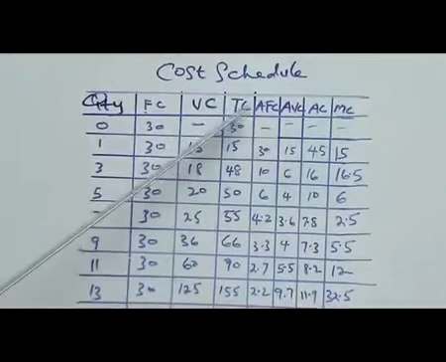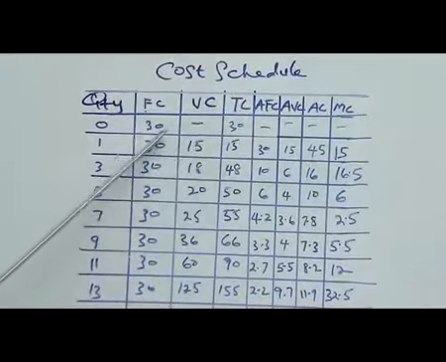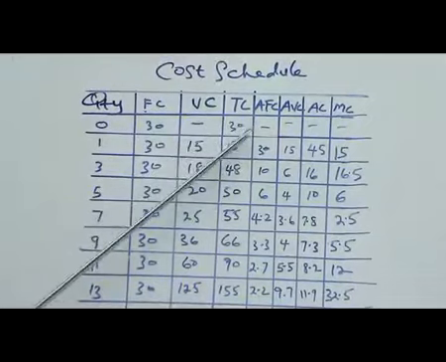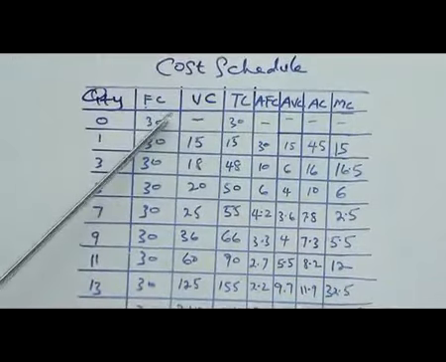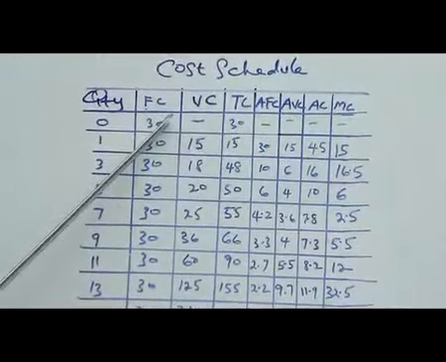Now, TC is what we call total cost. So addition of fixed cost and variable cost will give us total cost. When a firm has not produced a unit of commodity, the firm must have incurred what we call fixed costs. That's why we have zero quantity to be 30, in terms of the total cost.